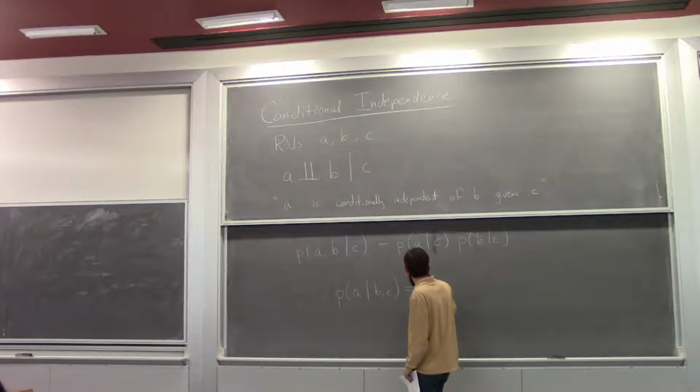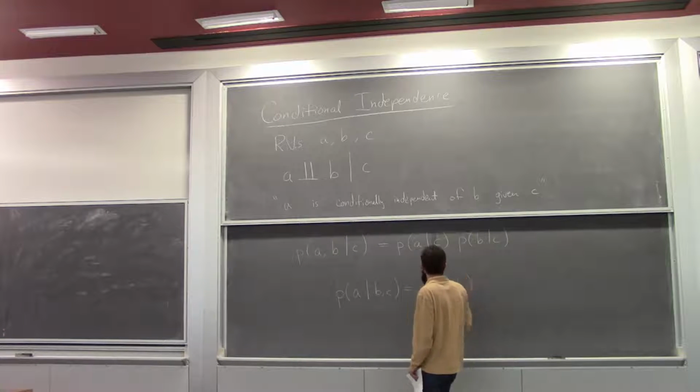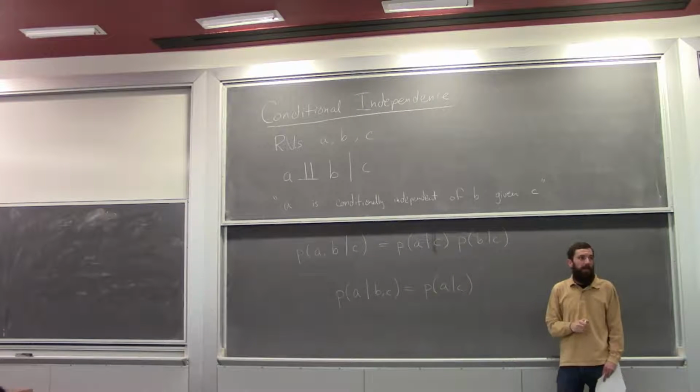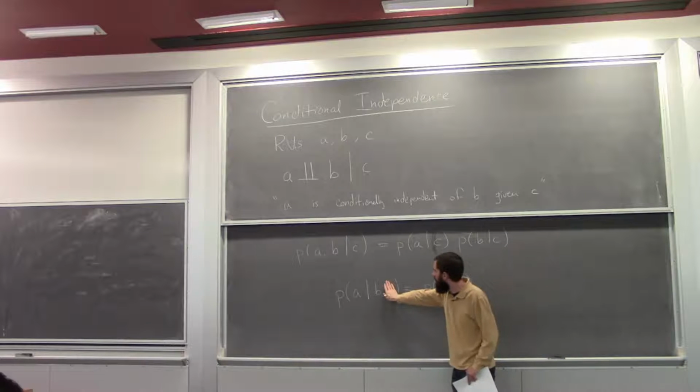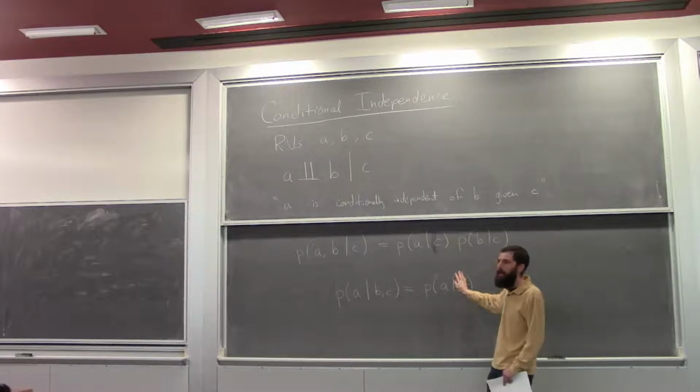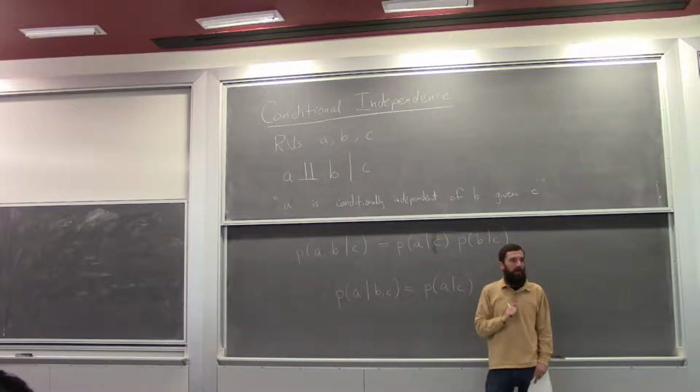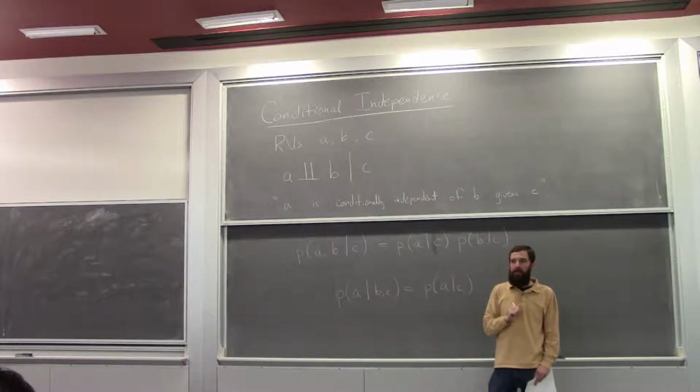Yeah, this is right. That's equivalent to saying this. Okay, and again, if I delete the C from this side and that side, it's again the equivalent definition of independence of A and B, right?